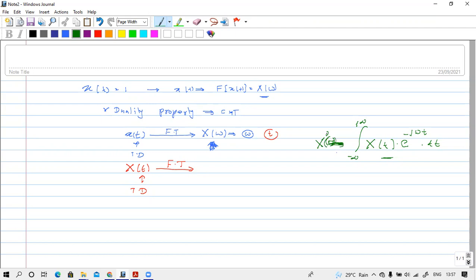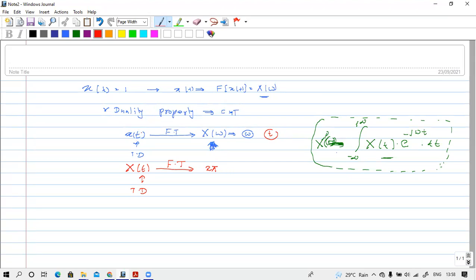Sometimes using the transform pair it may be possible to evaluate the signal, but here we are not using the pair. The duality property says that for this kind of signal we can directly get the Fourier transform, and it will come as 2 pi times x.